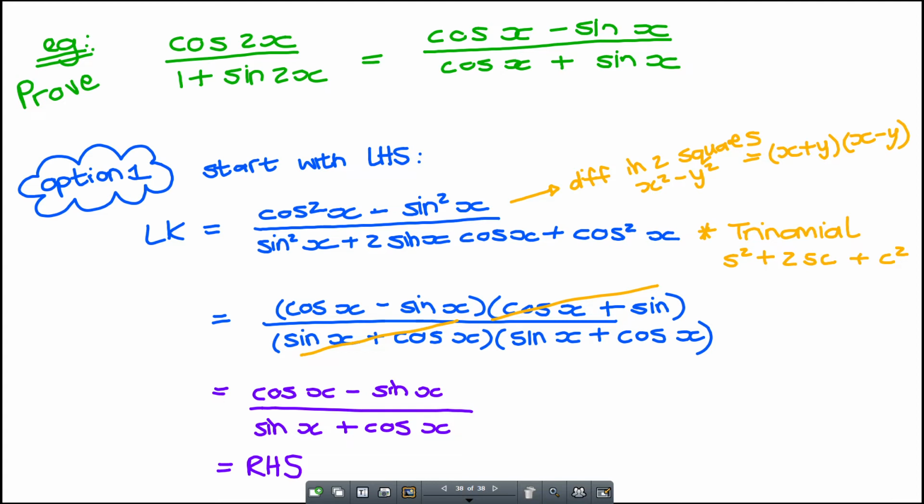Okay, kom ek wys gou vir jou nog 'n tweede opsie ook. Julle skryf nog, nee.